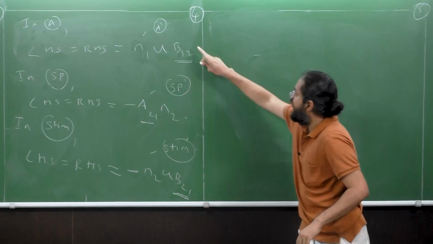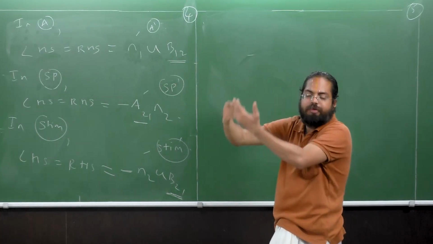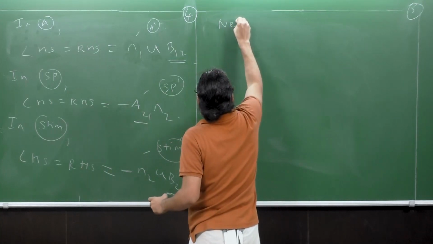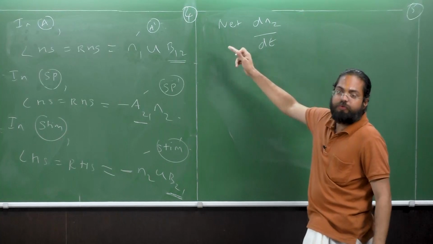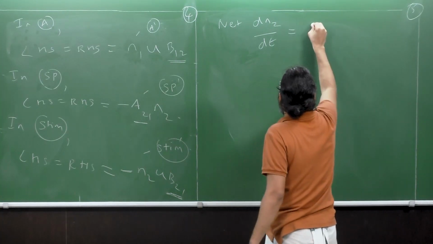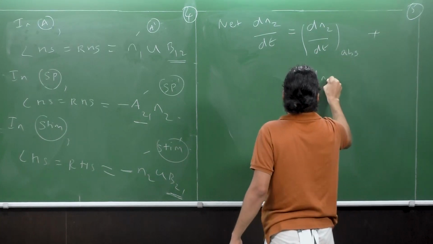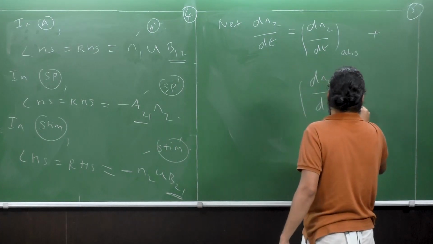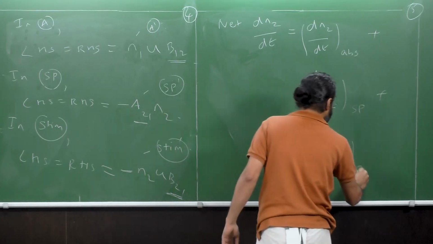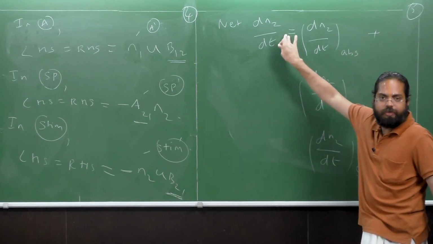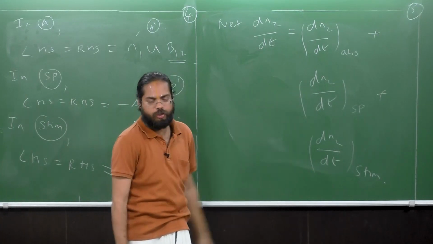From these three expressions, A dash, SP dash, and STIM dash, and also considering your expressions A, SP, and STIM, that is absorption, spontaneous emission, and stimulated emission, we see that the net dN2 by dt, in other words, the net rate of change of electrons in the excited state, is given by your dN2 by dt as part of absorption plus your dN2 by dt as part of spontaneous emission plus your dN2 by dt as part of stimulated emission. That's the net rate of dN2 by dt. Likewise, we can also have an expression for dN1 by dt, which is going to be the sum of all of these terms. Are we all good?